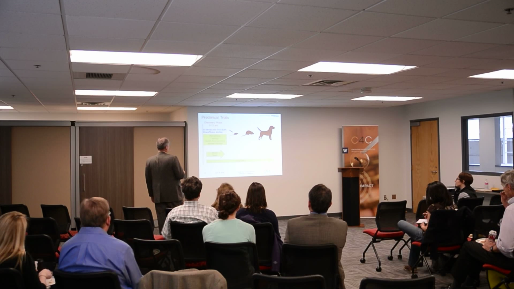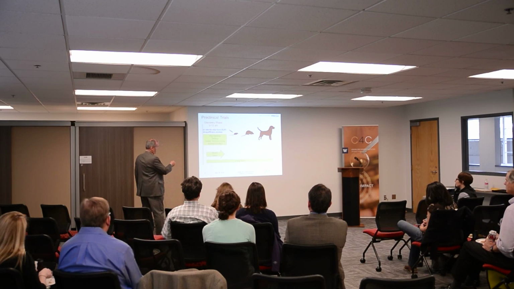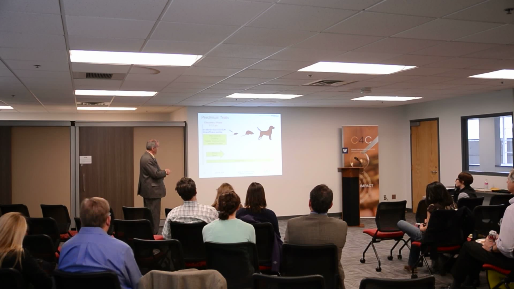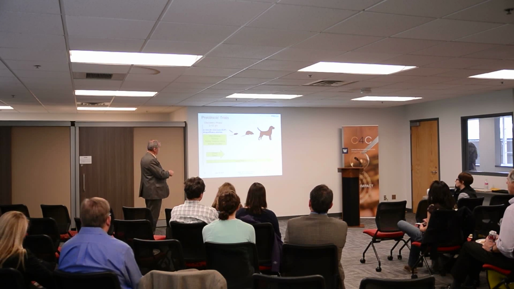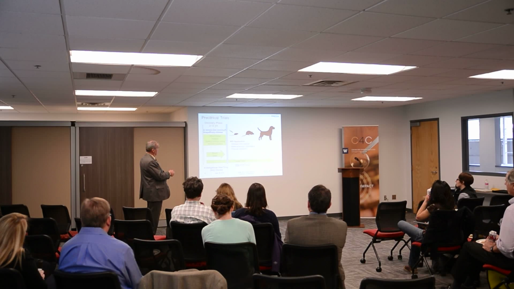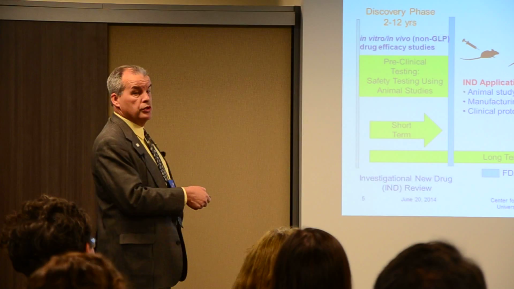Again, a little bit of oversimplification, but this is the animal testing that we will start with in drug efficacy studies, and then the preclinical testing, which also includes safety testing, safety pharmacology. So this goes through short-term and long-term, and you're building towards an IND application. What this does is summarize your animal study results, your manufacturing results to that point.